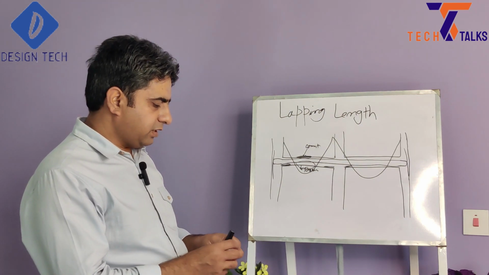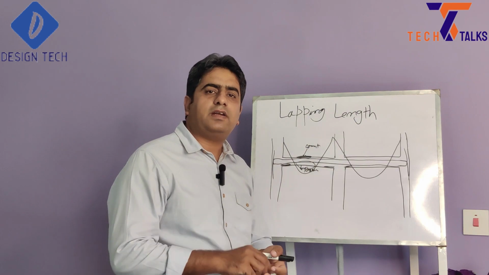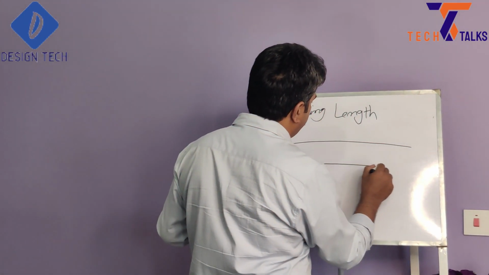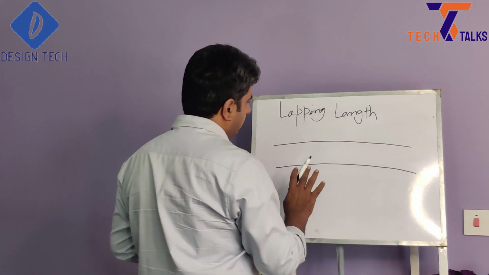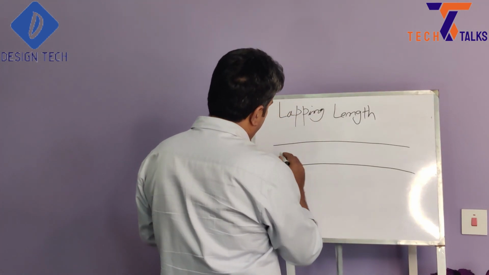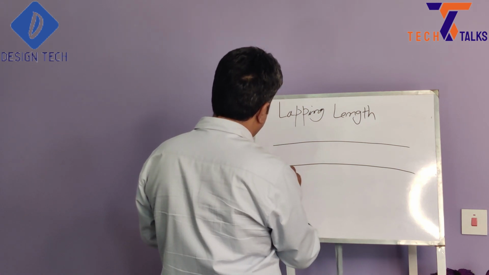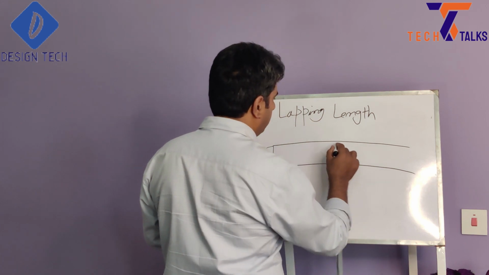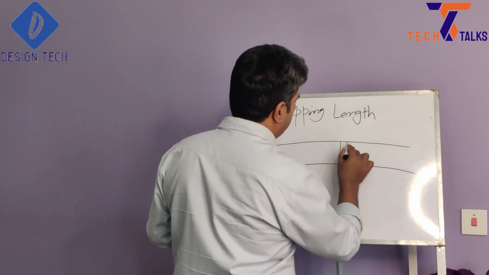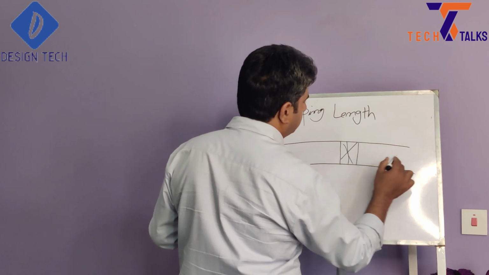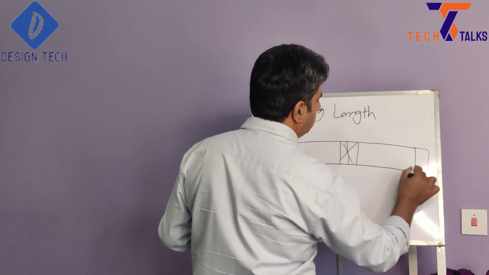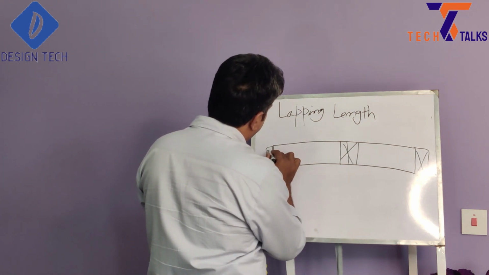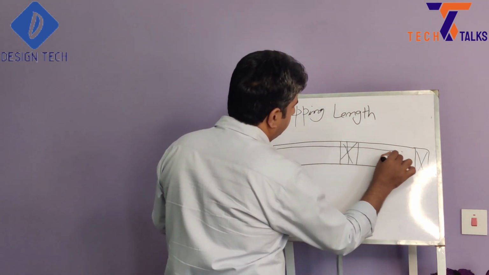Now we will discuss the arrangement of lapping. Suppose this is our beam, longitudinal cross section. Here is our support, here is our column, here is our column, something like this. Our reinforcement arrangement is something like this.